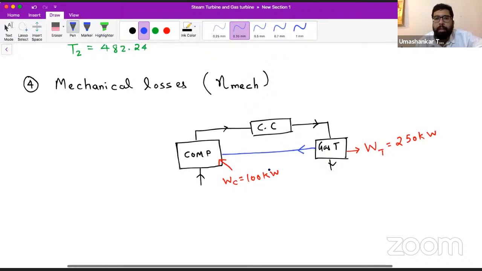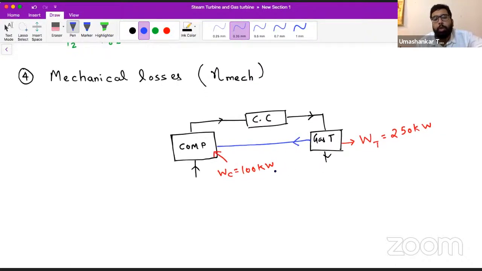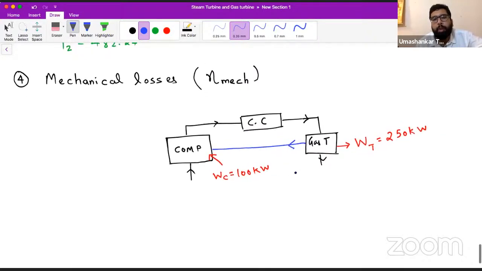But in actual, since this power flows from one place to another, due to friction and practical considerations, there will be some losses. So if 100 kilowatt is to reach the compressor, you must give from the turbine, say, 110 kilowatt.